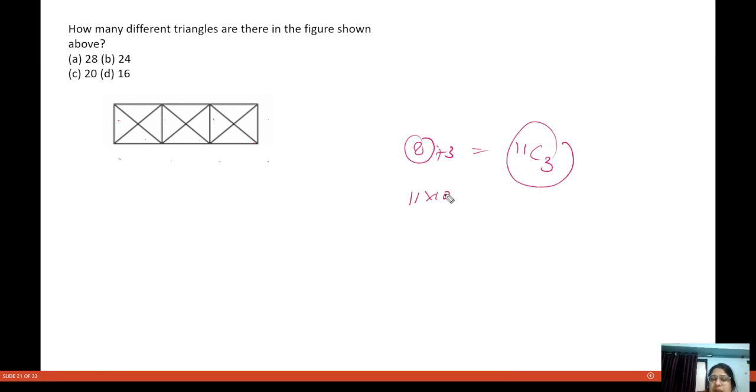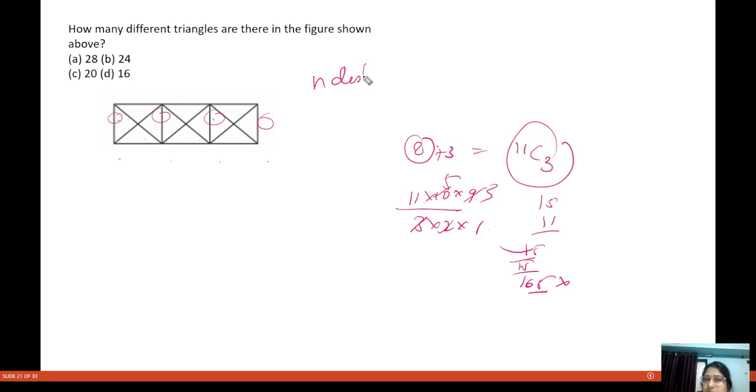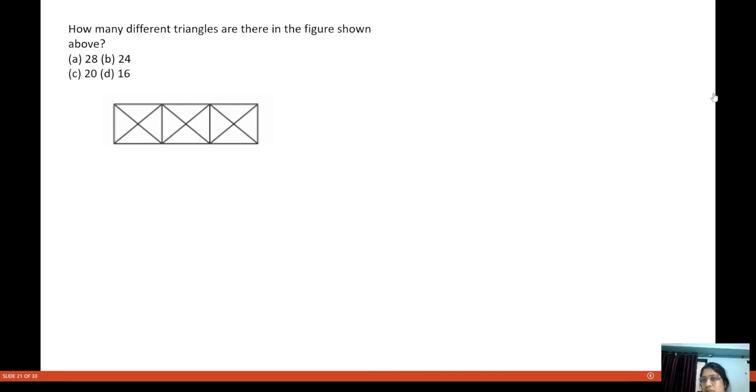This becomes 3, this becomes 5, and this is 15 into 11, so this becomes 165. This is not the answer for us, because these points are all collinear. For n distinct points, we can use the formula NC3. I hope you understand this. So now let's start counting.